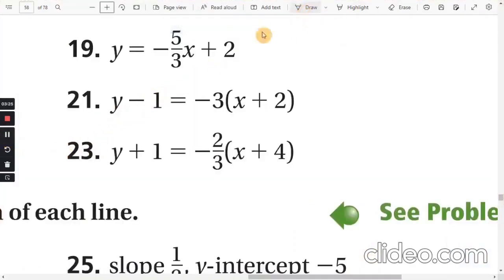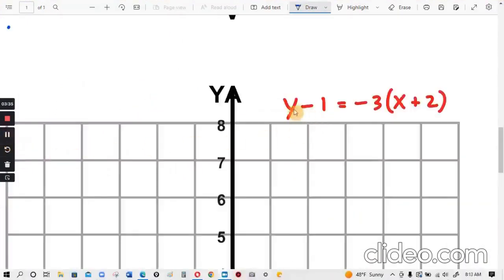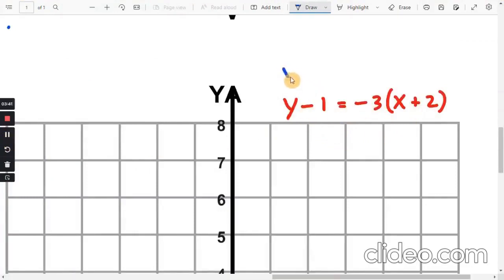All right, let's see if we can do the graph of number 21. We have y minus 1 equals negative 3 times x plus 2, so let's go to the graph. So we're trying to graph the line with this equation, and we can see it is in point slope form. Okay, so this is y minus y1 equals m times x minus x1.